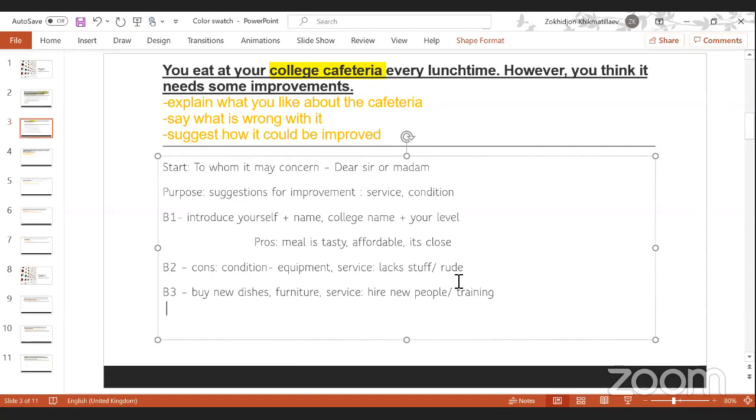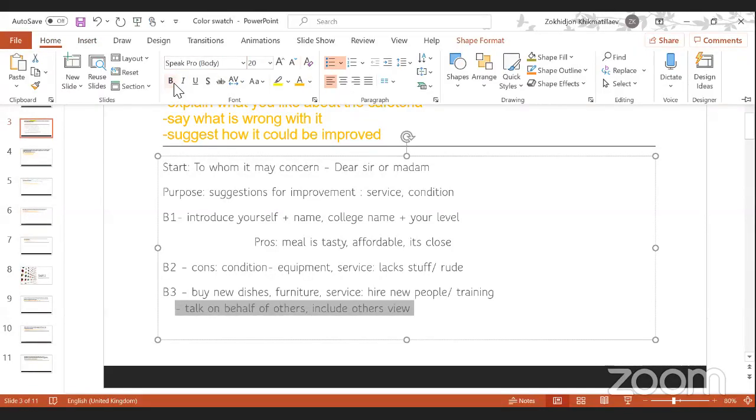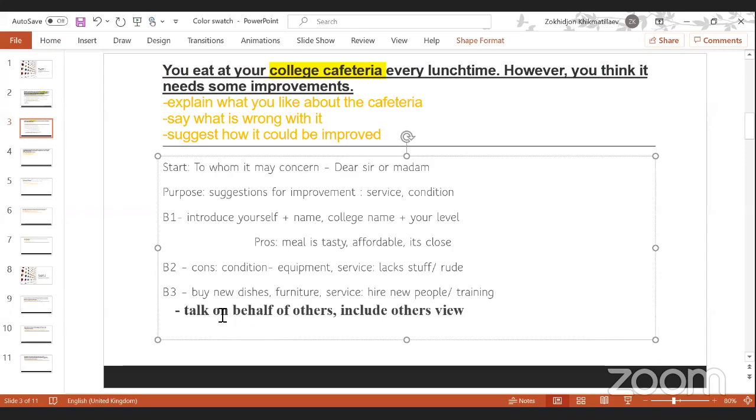But if you come up in the name of hundreds of people, then it matters. You can include the view of others in the start, in the purpose, or here.